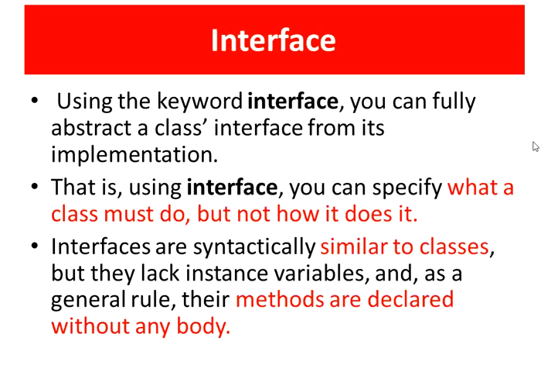So let's get started. Now, an interface is similar to a class. The only thing is, an interface contains methods which are abstract in nature. That's why, using the keyword interface, you can fully abstract a class. Interface will contain methods which are abstract in nature. That's why this interface is similar to an abstract class.